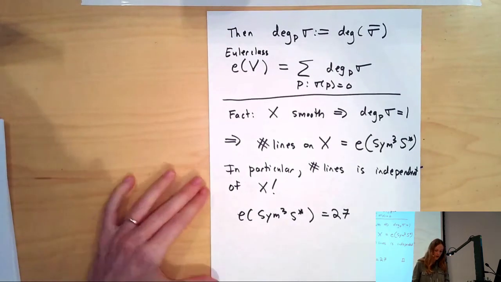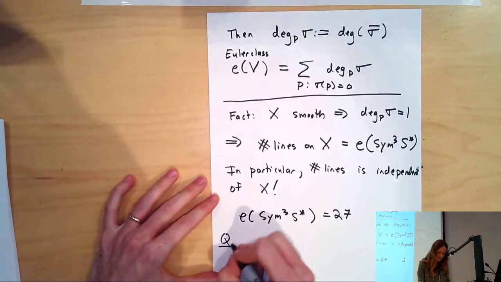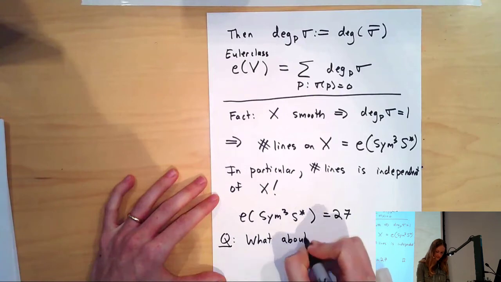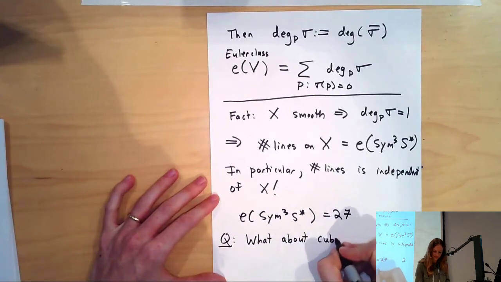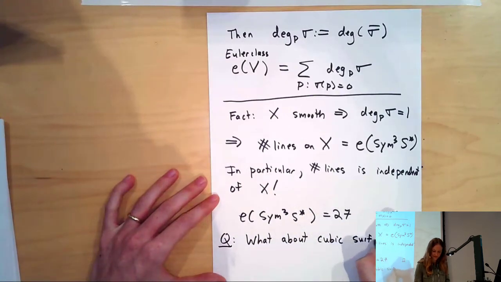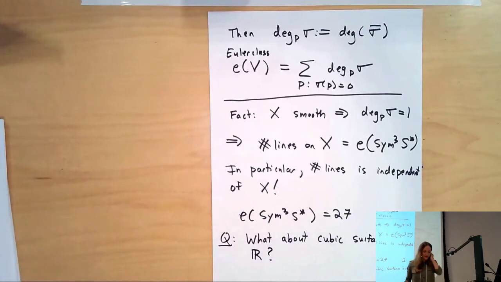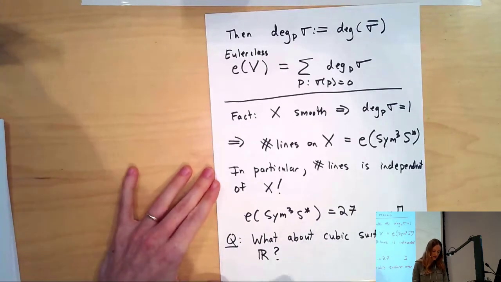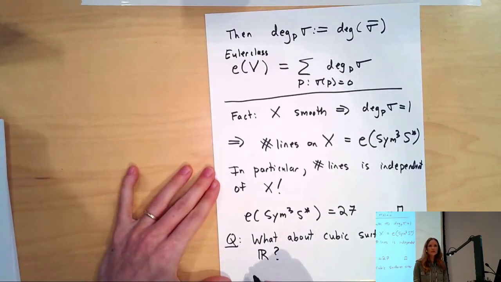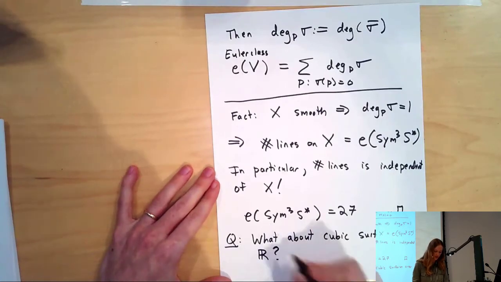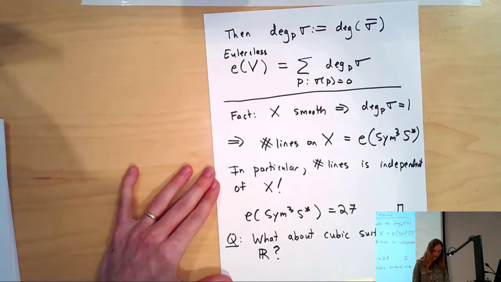So what about over R? This is also a 19th century problem, and there's a lot of beautiful things to say about it.